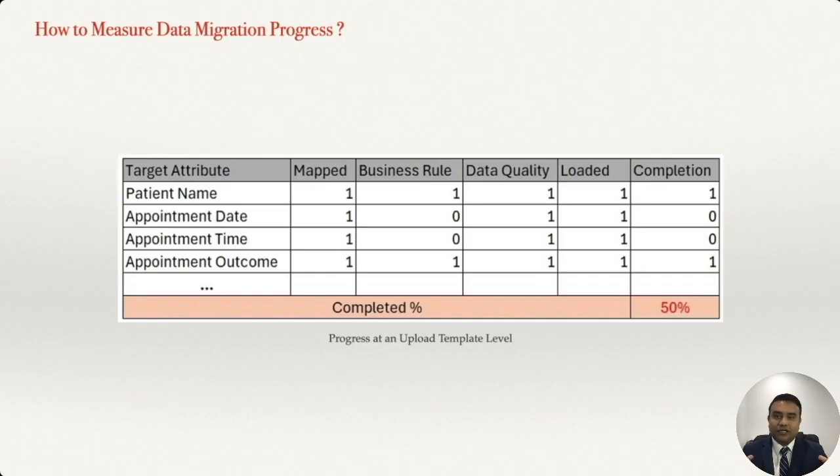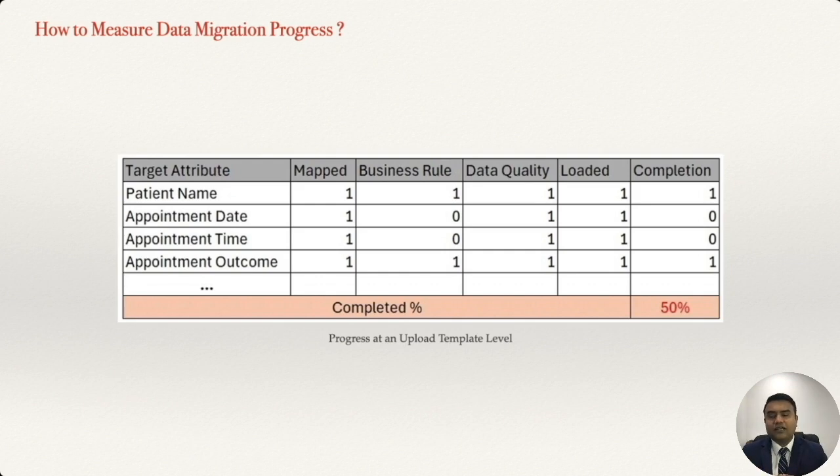Let's collectively call this mechanism upload templates, which comes with some documentation from the vendor as well, explaining each attribute in this upload template. You can think of this as a data dictionary for that upload template. So, depending on the complexity of the target system, the vendor may provide 20 to 50 such upload templates that need to be filled with the transformed legacy data ready to be uploaded into the target system.